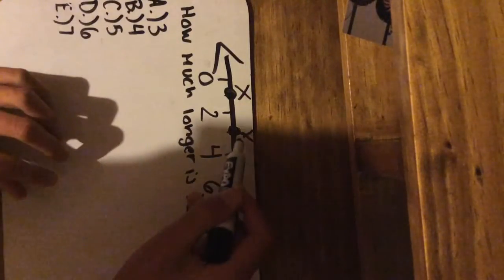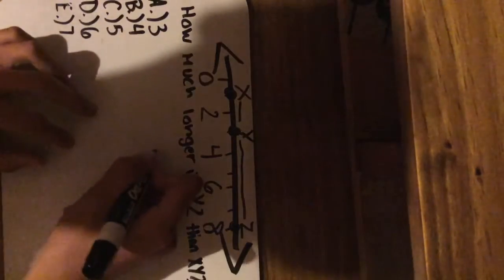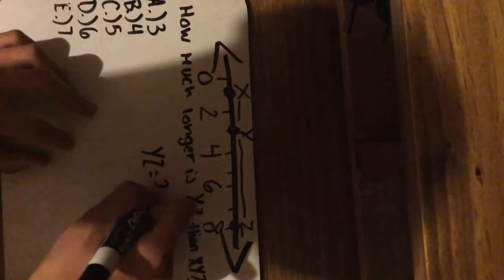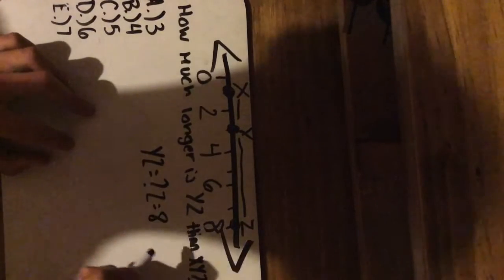Okay, so first, to find out how much longer this is than this, we have to figure out their lengths. So YZ equals, we don't know. But we do know that Z equals 8 and Y, we don't know.